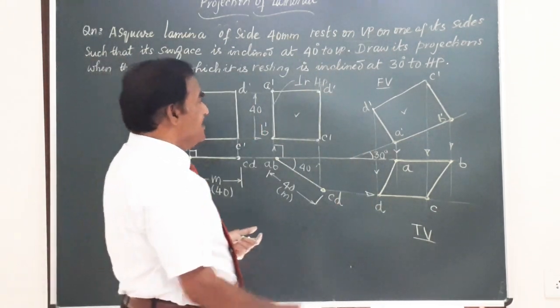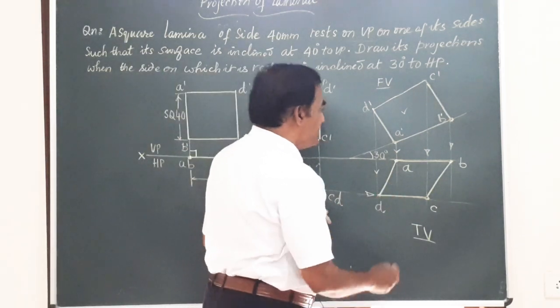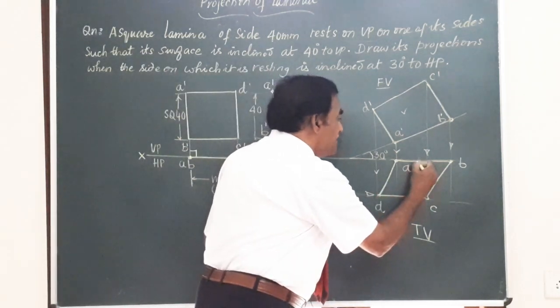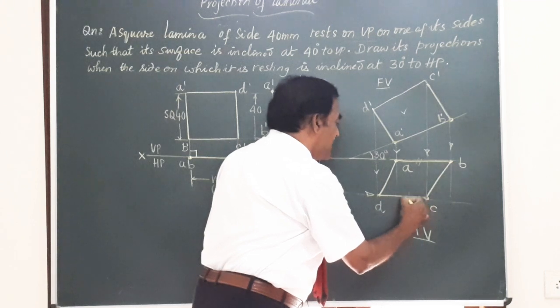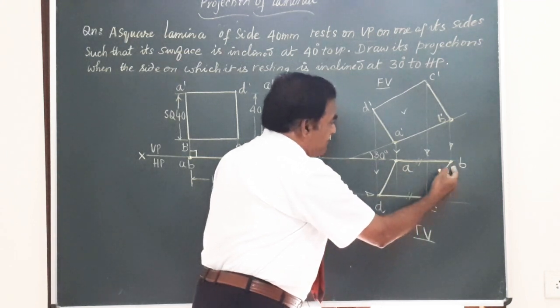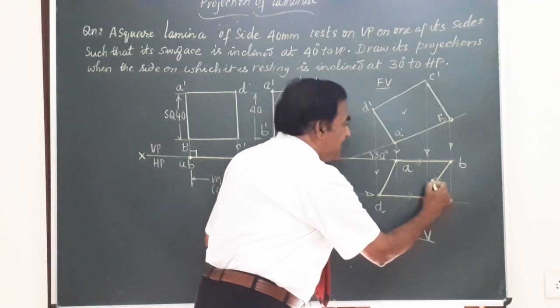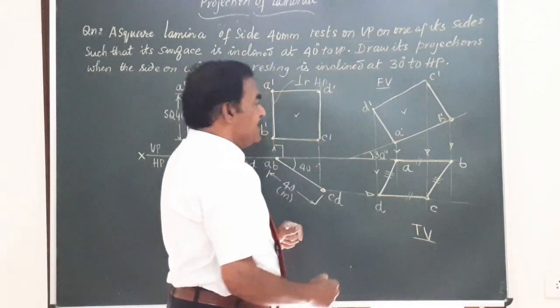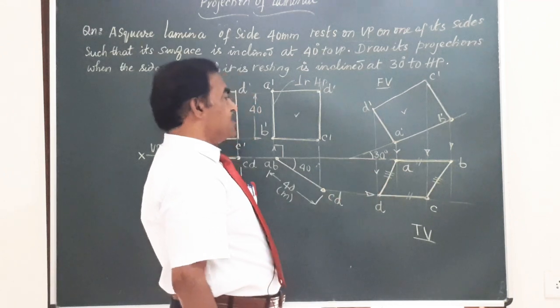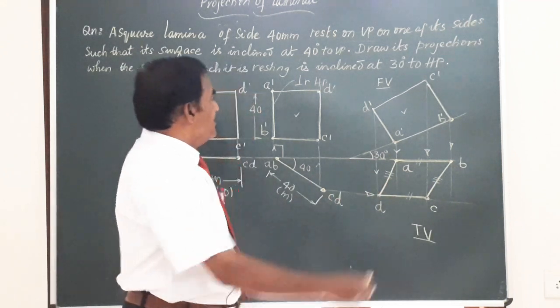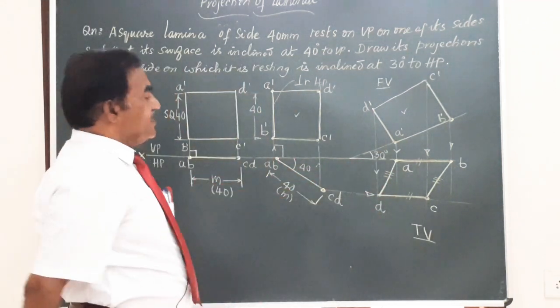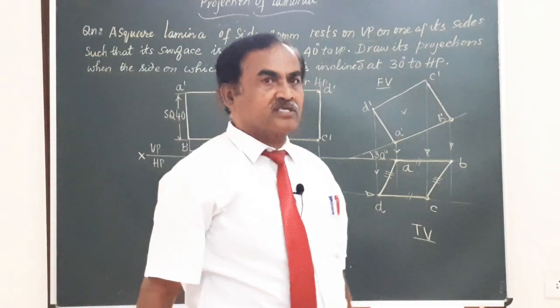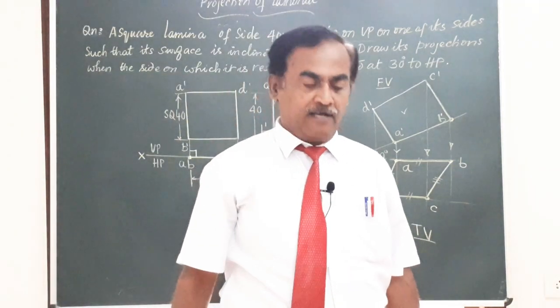Friends, you can see in the final figure here, this line ab is parallel to the line cd and they will have the same length. Similarly, the line bc is parallel to this line ad. They will have the same dimensions. Friends, this full figure will give you the final projections of the complete square lamina.